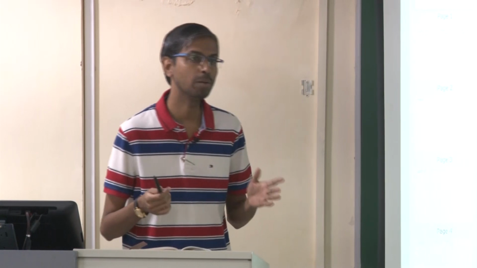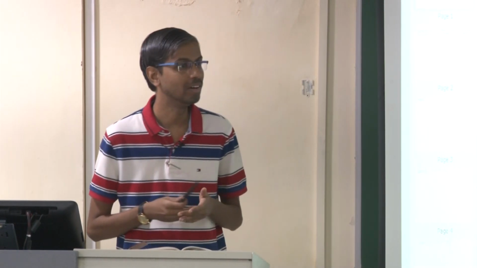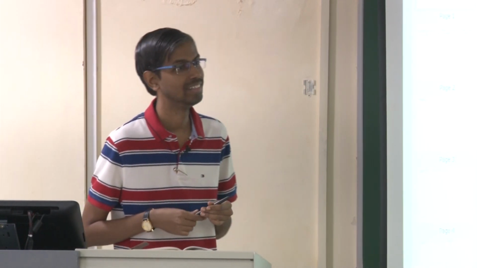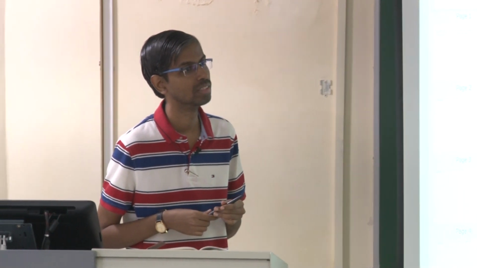Even if you have not thought about it before, you can think about it now. It's not hard. Like if you use a contrapositive. Contrapositive, okay. So let us use contrapositive.